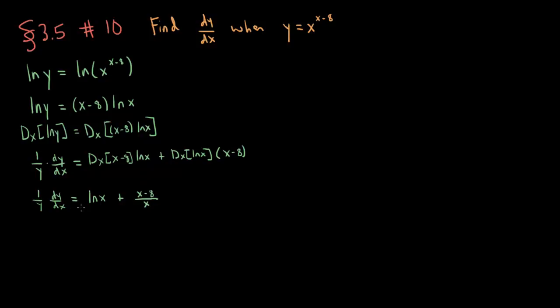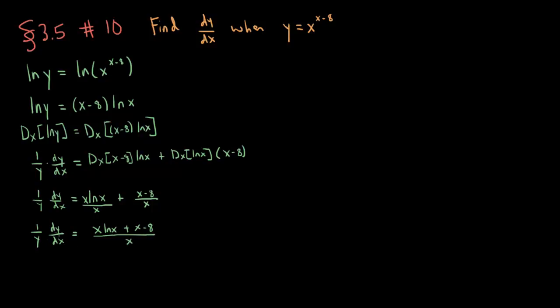Okay? Now, I want to solve this for dy dx, of course, which means I need to multiply both sides by y. But before I do that, I probably want to combine the right-hand side. Get a common denominator and add. So what I can do here is the common denominator is going to be x. Let's just multiply by x there and x there. And now I have a common denominator, and I can say that 1 over y dy dx equals x natural log of x plus x minus 8 over x.